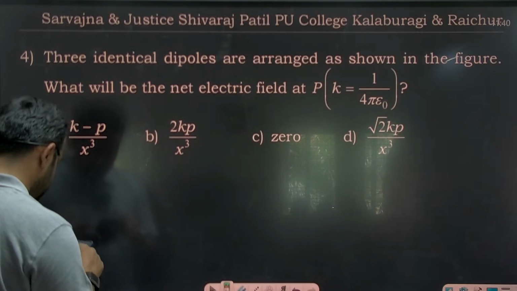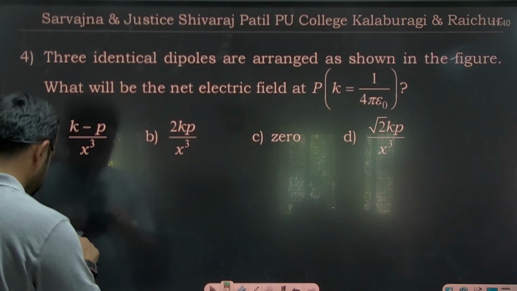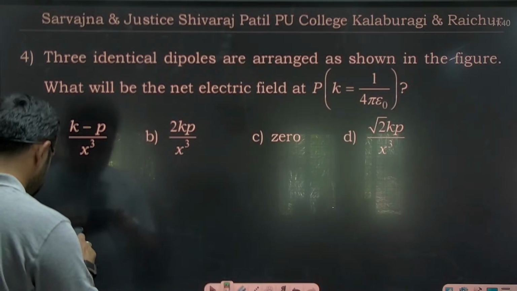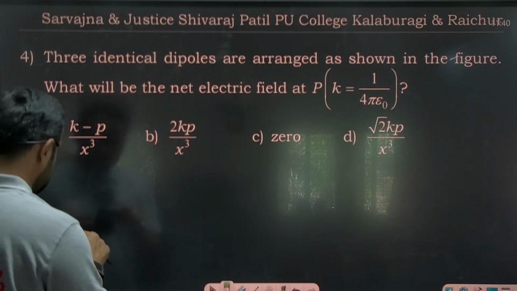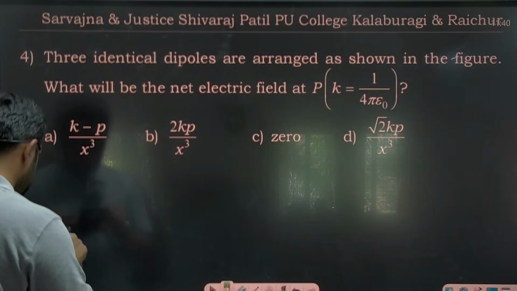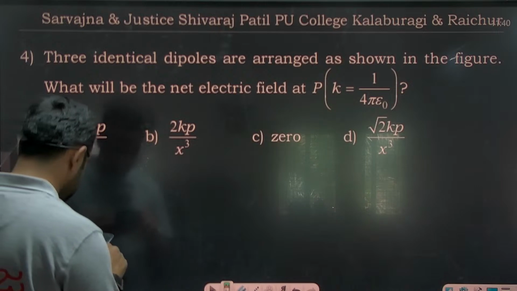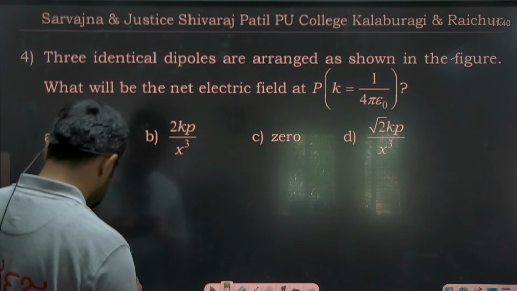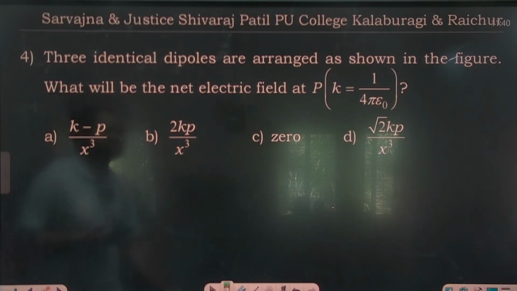Just a minute, let me look at the diagram. Where is the diagram? Three identical dipoles are arranged as shown in the figure.